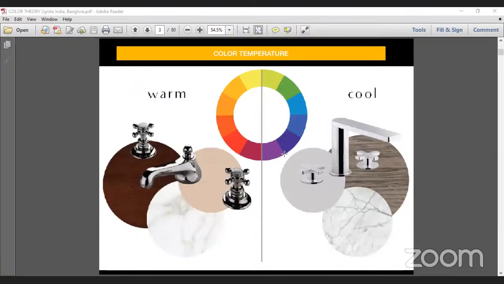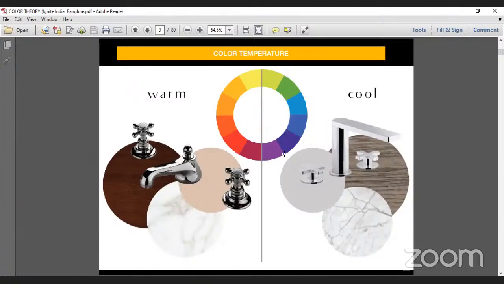Out of which you have yellow, red, or a dark pink color. These are the colors which give you a sense or feeling of warmth. Whereas on the other hand side, you have the colors which give you a sense of cool or calmness.